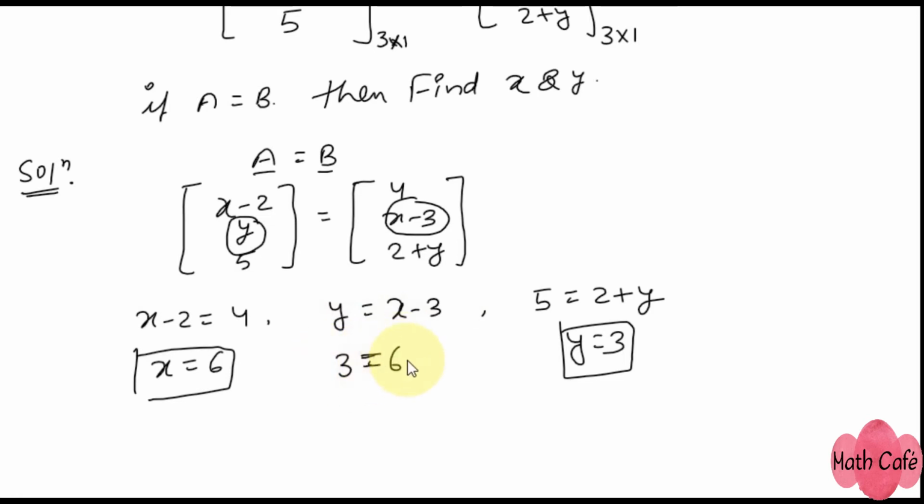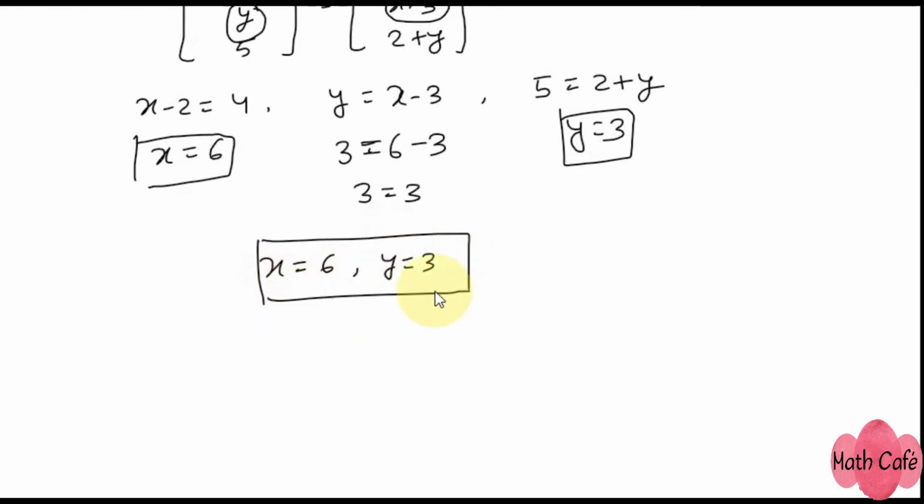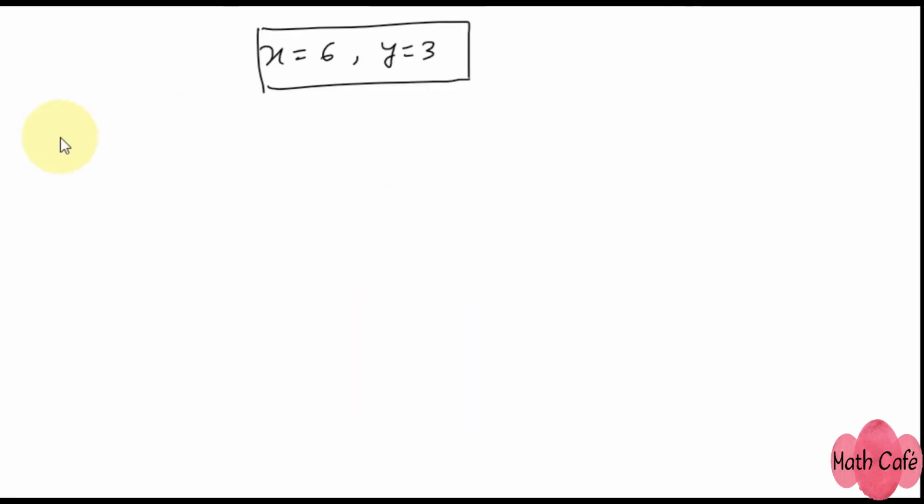If I put value of y as 3 and value of x is 6, so 3 equals to 6 minus 3, that means 3 equal to 3. Alright, so in this question we will get the value of x equals to 6 and value of y is equal to 3. Hope you understand this.